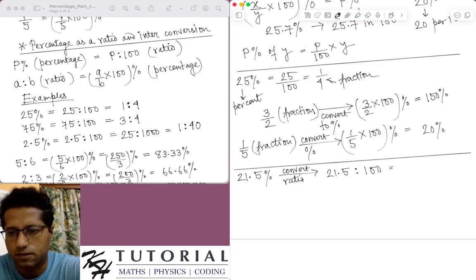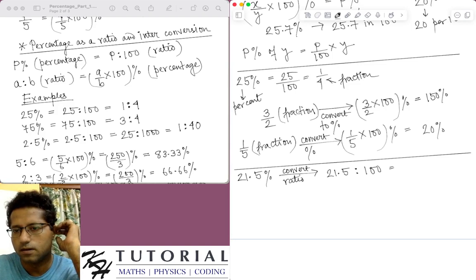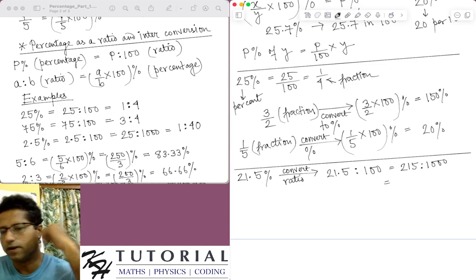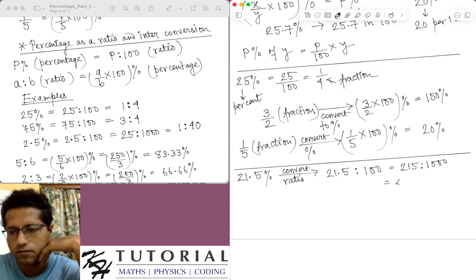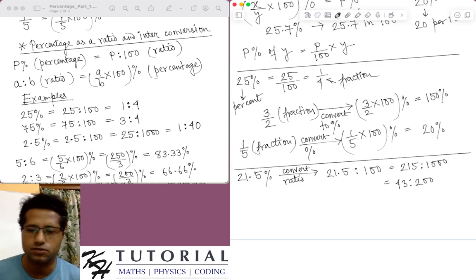If you want to get rid of the decimals, I can multiply both the terms with 10 and I get 215 is to 1000. Now if I divide by 5, I get 43 is to 200.